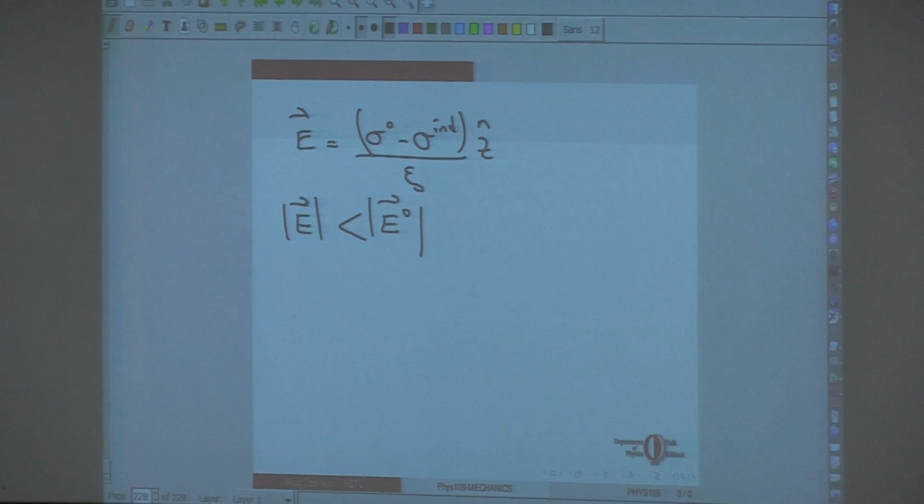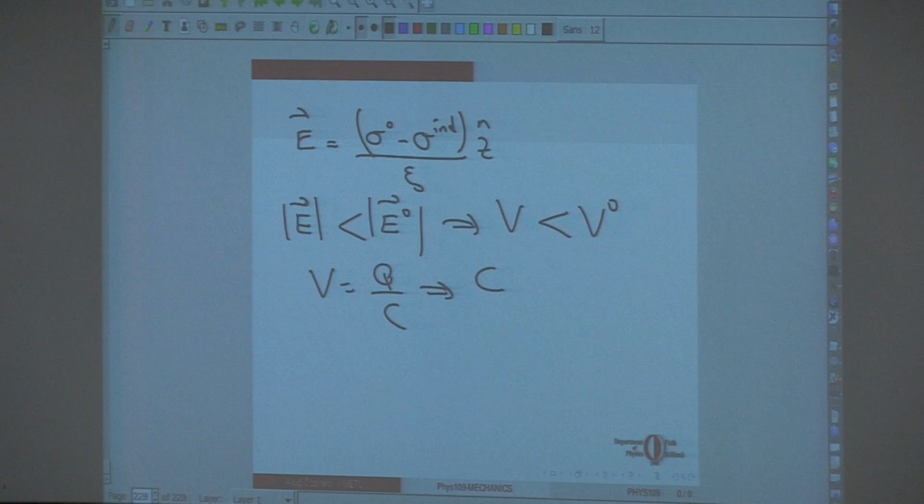But this means the potential difference in the presence of the insulator will be less than the potential difference in the absence of the insulator for the same Q, for the same charge. And remember, V is equal to Q over C. So this means that the capacitance increases if we put an insulator.